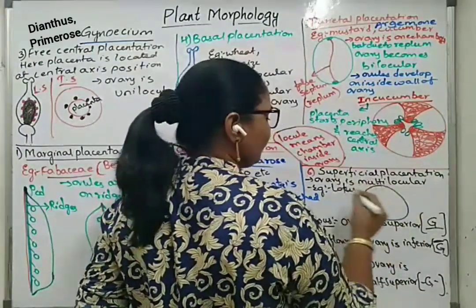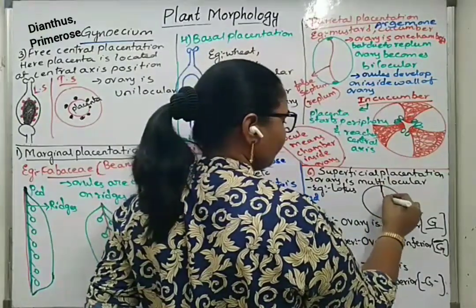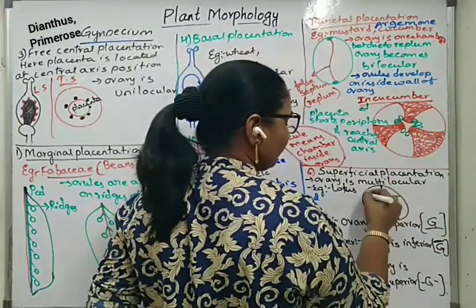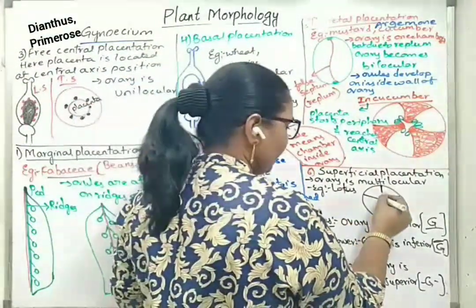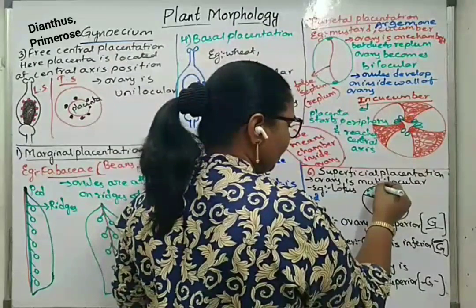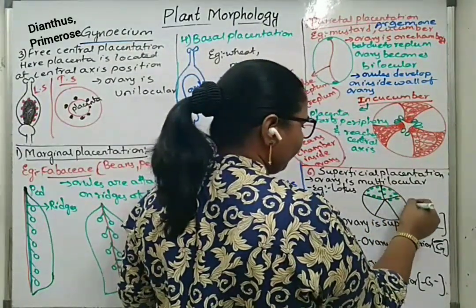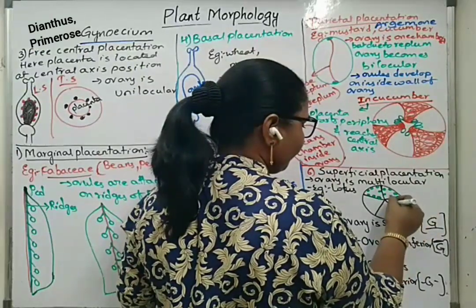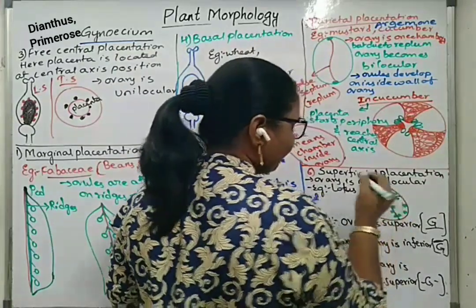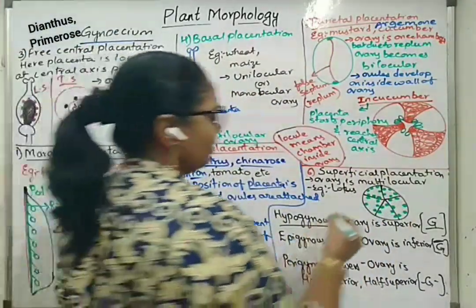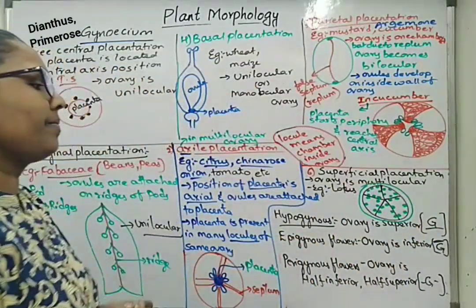So if this is, there are many chambers like this, and the seeds are developed on the inside. So wherever the ovules are attached, there will be the placenta. These are embedded under the outermost covering.